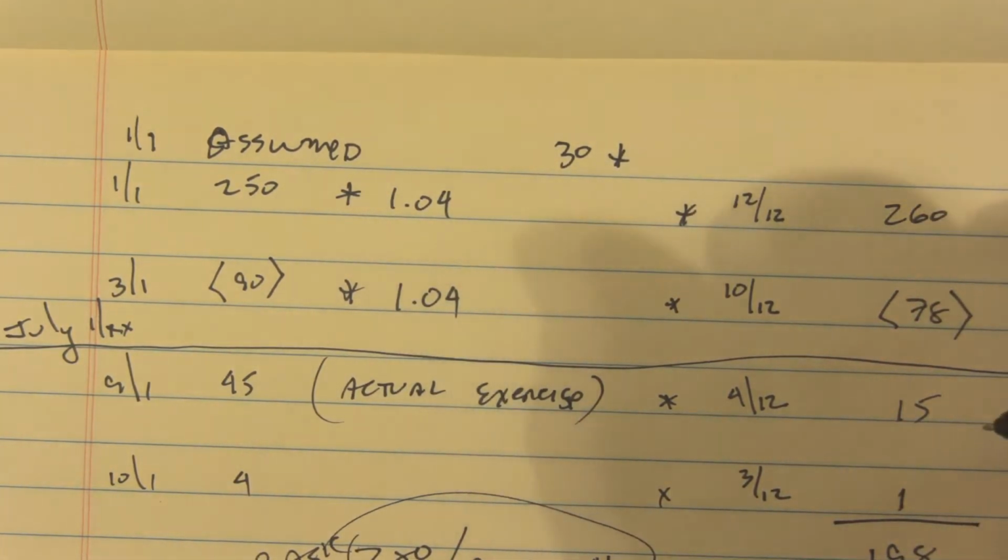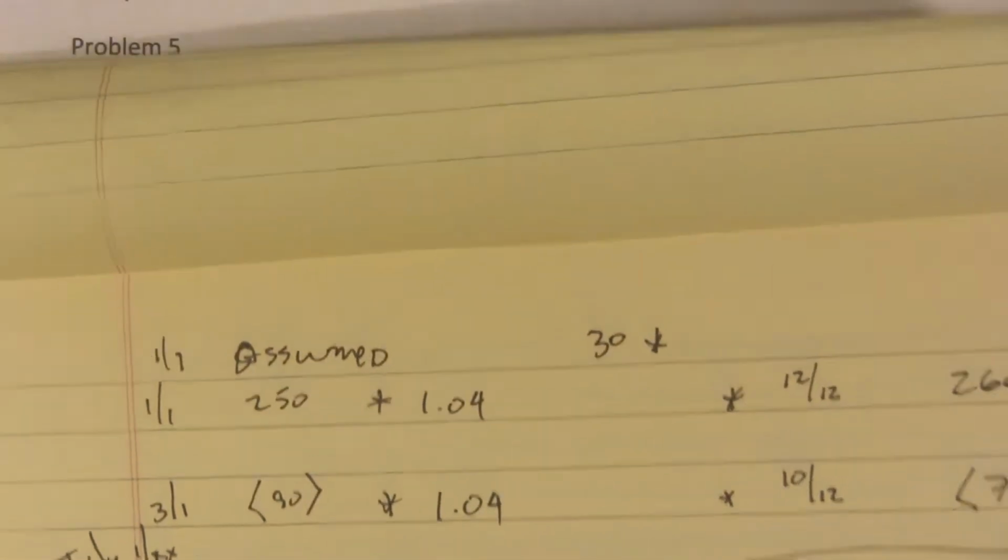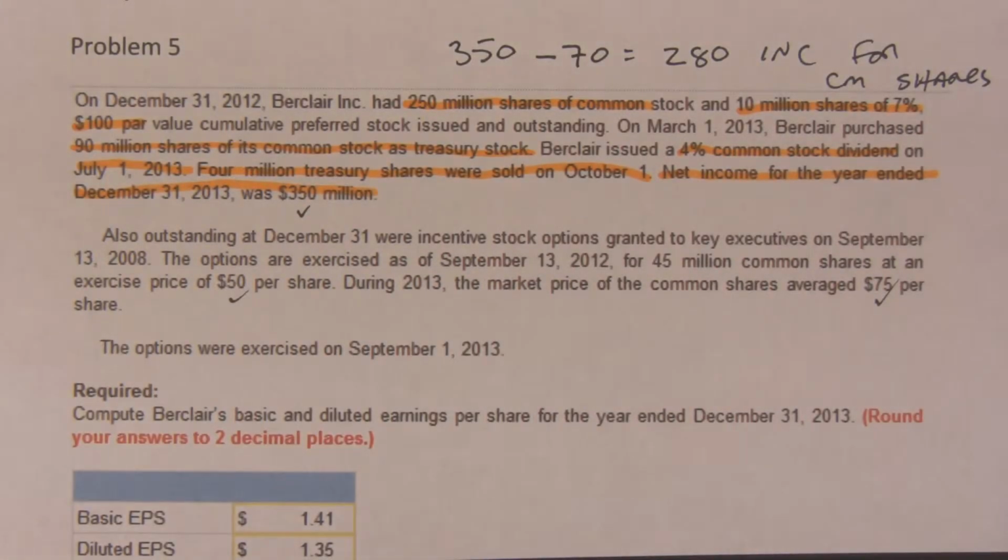And then we had the 15 out for the remaining 4/12. Okay? So let's go through and we'll do this whole thing starting from the beginning, but you understand how we came up with those 30 million and the 45.